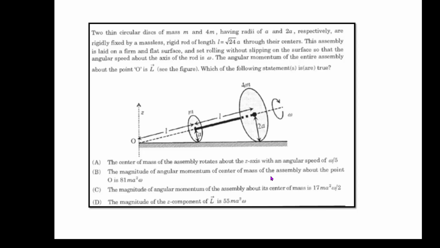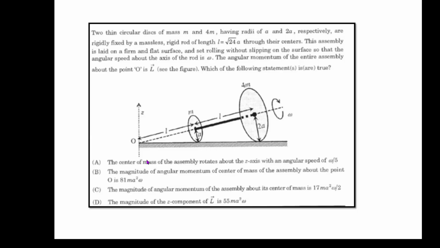Second, the magnitude of angular momentum of the center of mass of the assembly about the point O is 81 m a square omega. Third, the magnitude of angular momentum of the assembly about its center of mass is 17 m a square omega by 2. And lastly, the magnitude of the z component of L bar is 55 m a square omega.